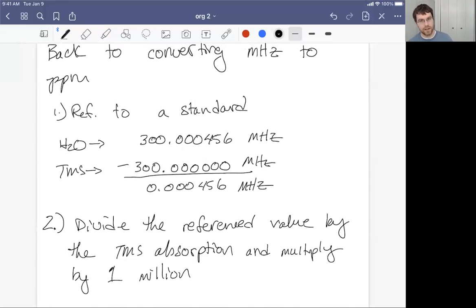Okay, so this is kind of like, if you think about percentage, you take a number divided by a number, and if you want to convert that to a percentage, you multiply it by 100.